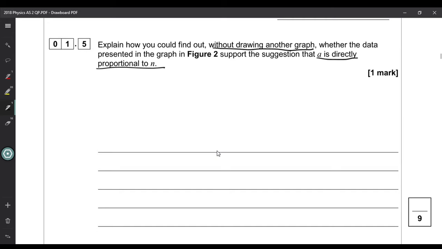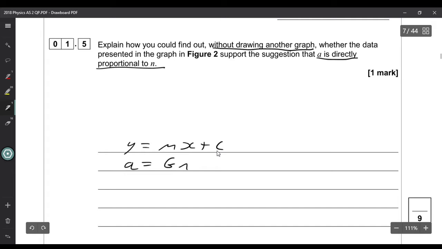So what we can do is we know, because it's a straight line graph, that y equals mx plus c, where c is our intercept. So in this case, a, the acceleration, equals gn plus c. So again, on our graph, the y-axis was acceleration, the gradient was g, and on the x-axis was n.